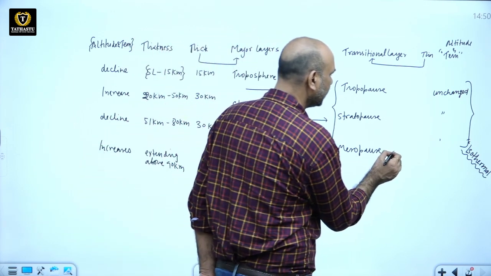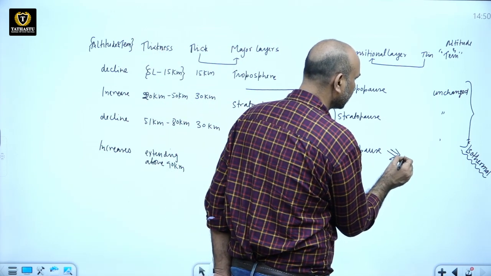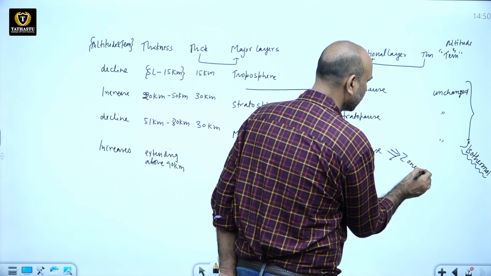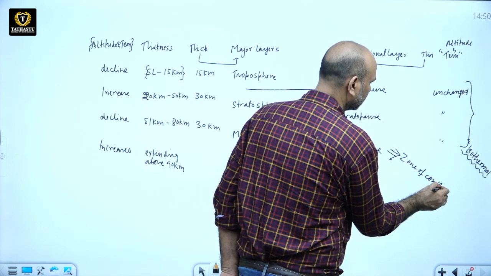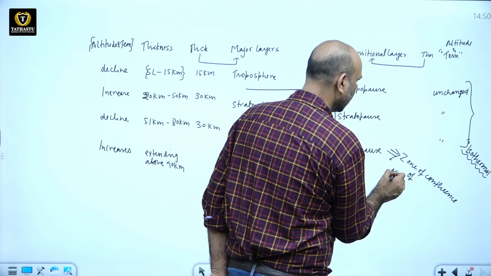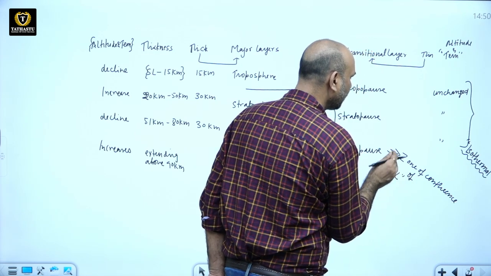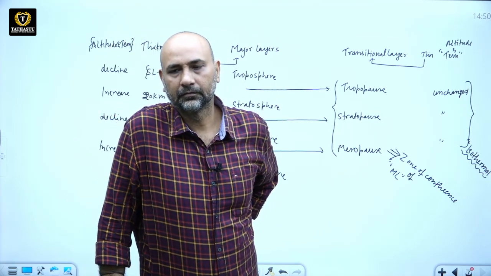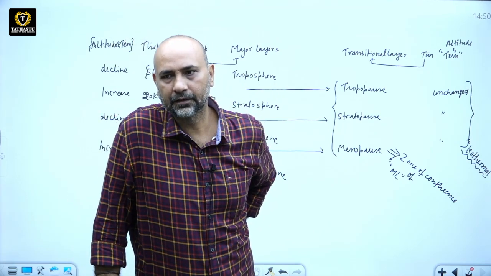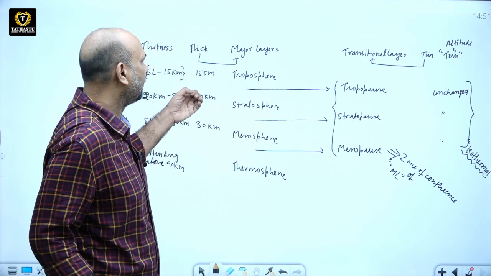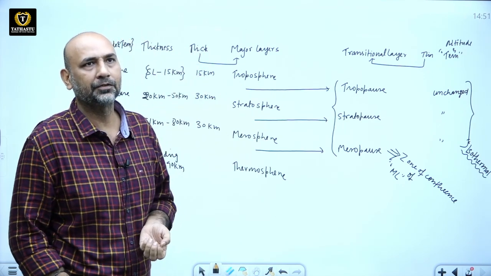Because these transitional layers are a zone of conflict, a zone of confluence of major layers which have contrasting thermal properties. Like in troposphere, we have decline in temperature with altitude.